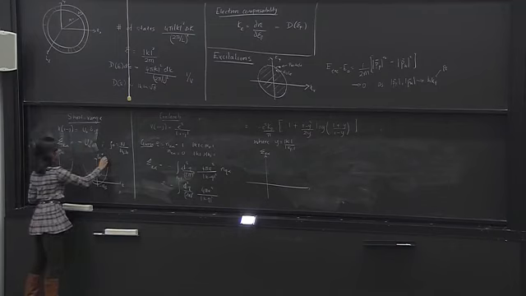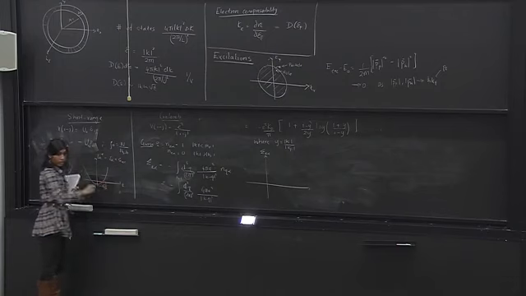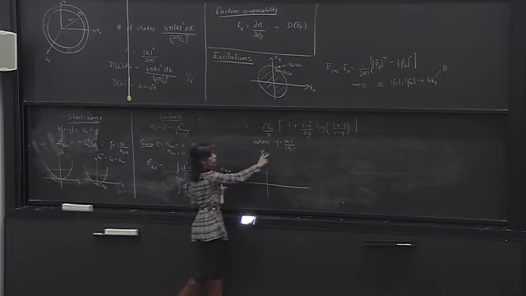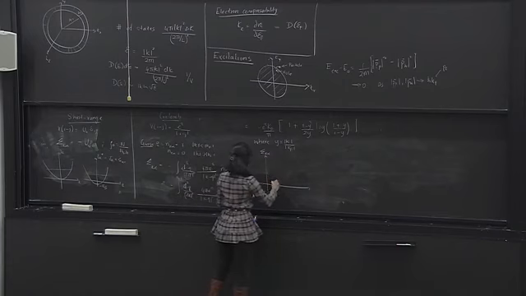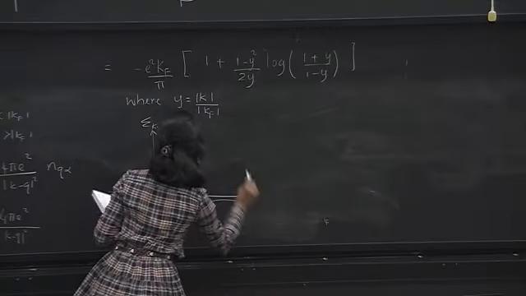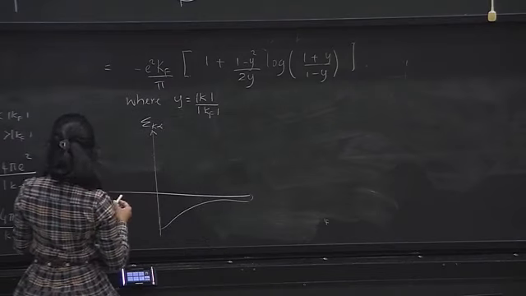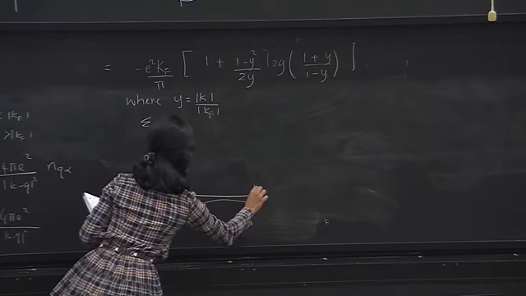So psi k star is psi k plus sigma k alpha. So knowing what this shift is tells us what our new dispersion is that we're going to fill. And so this thing looks like this. This is k.